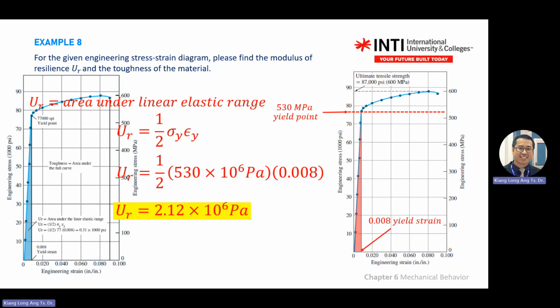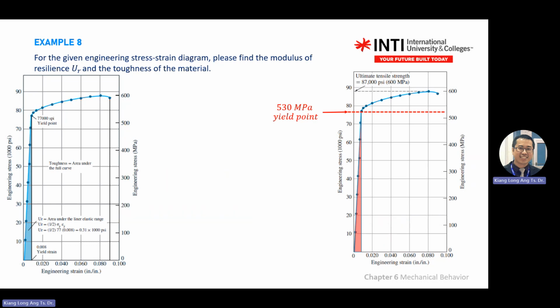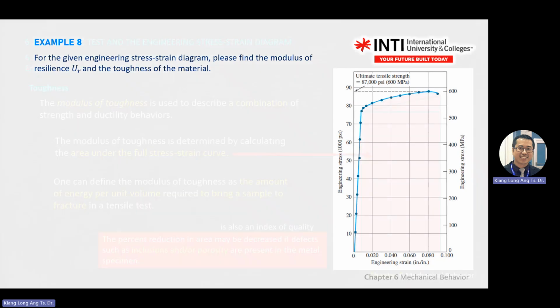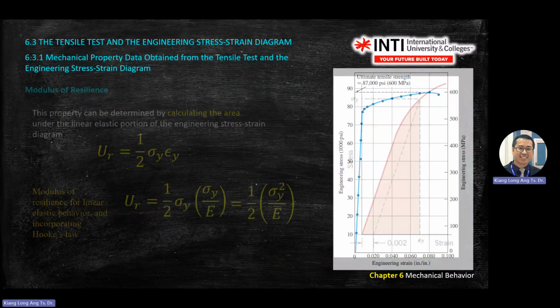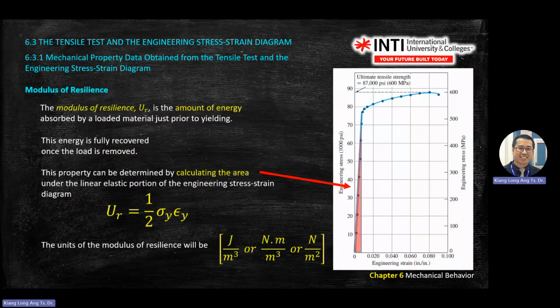Is it the area under the elastic line, up to the yield point? Or how you apply this one? Okay, so the application is more on the unit.